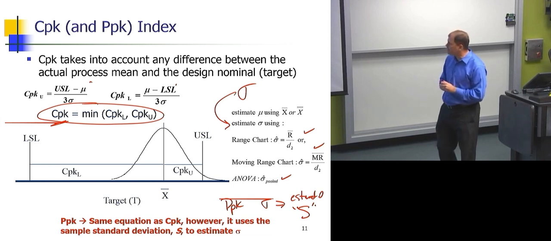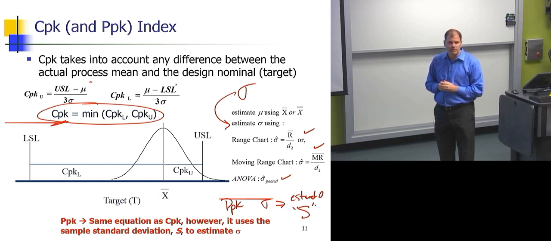Interesting thing here. Can CPK be a negative number? Yes? Absolutely. Anytime your mean is outside the specification limit, you get a negative CPK or a negative PPK.